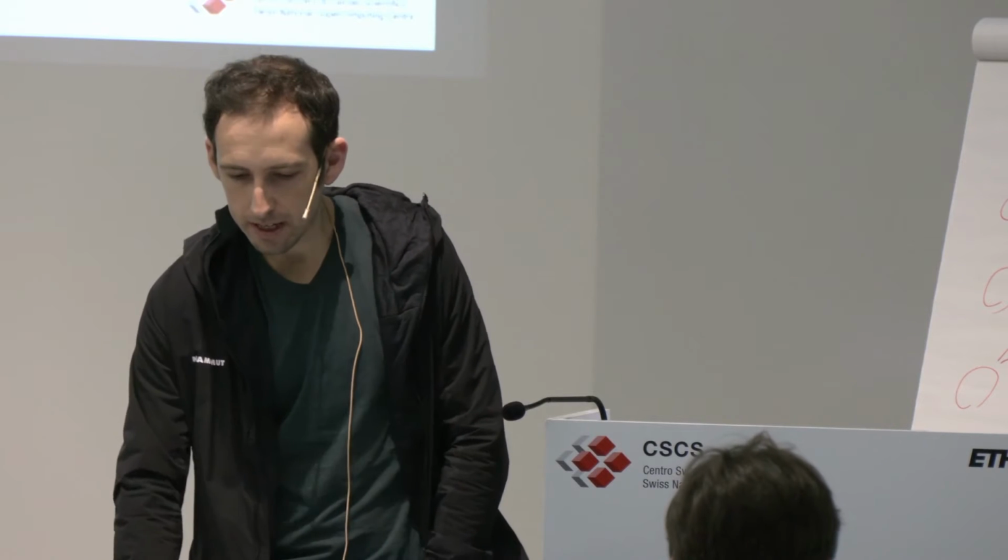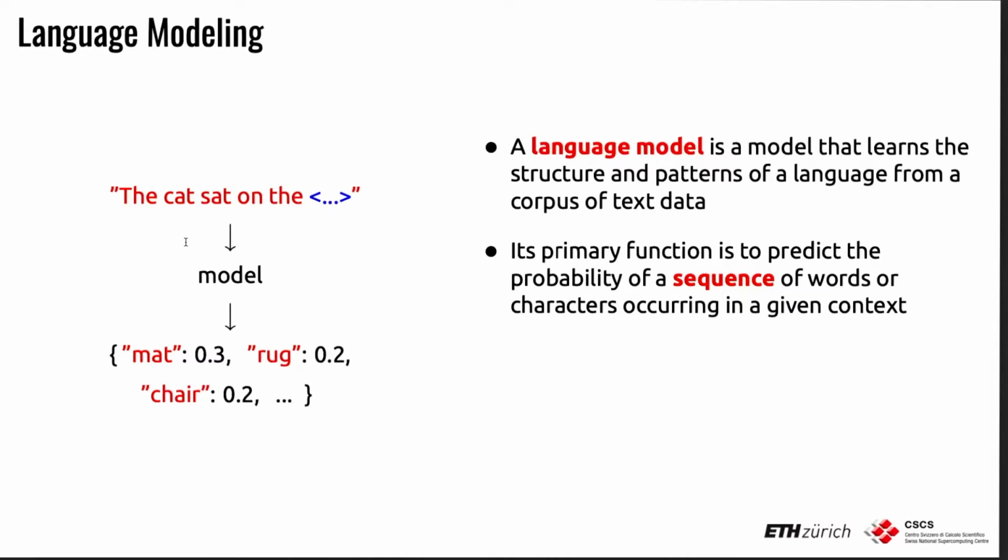And it will give you the probability that, given a piece of text, the next word is going to be whatever it gives. In this case, we have "the cat sat on", and when you pass it to the model, it will give you a list of words: mat, 0.3 probability, rug, 0.2, chair, 0.2, and then a list of not only possible words, but all the words of the vocabulary that the model will have.